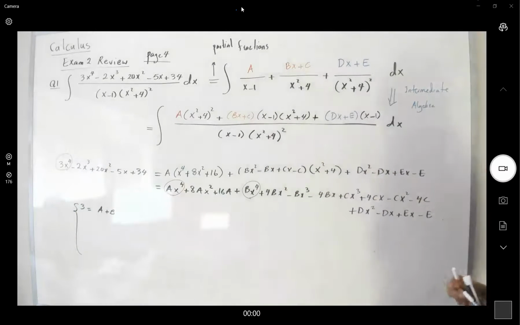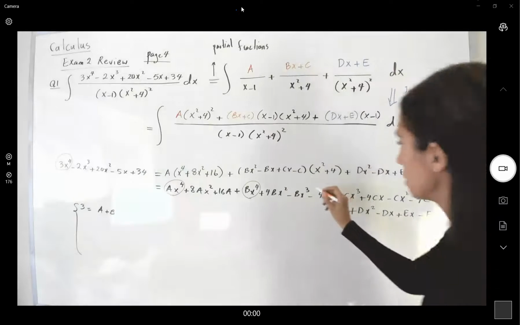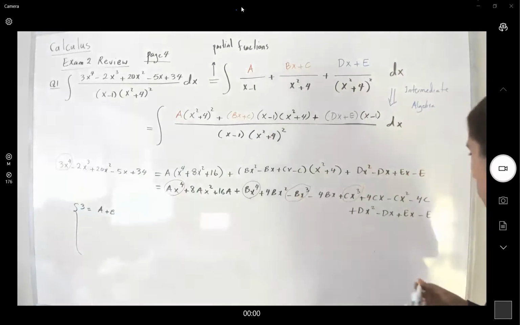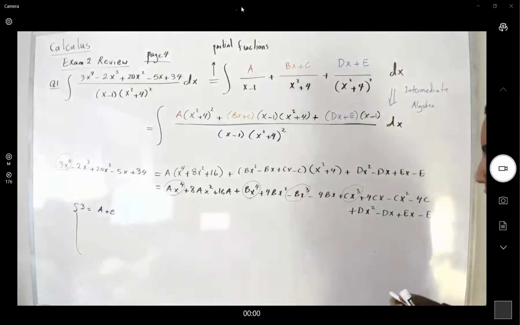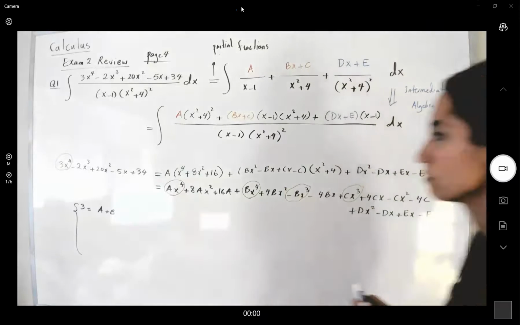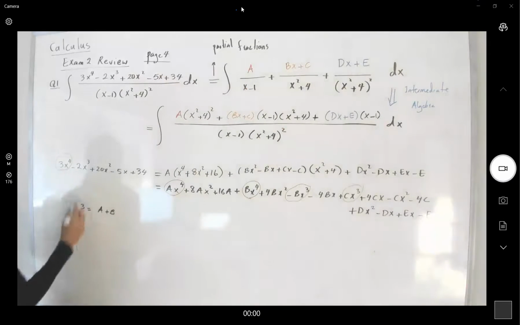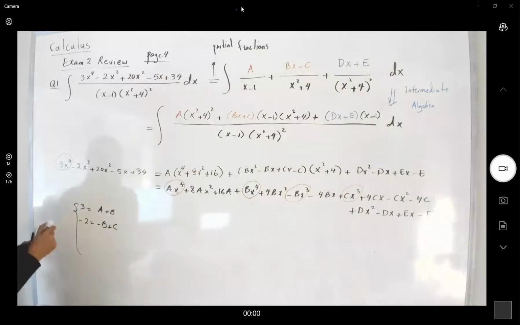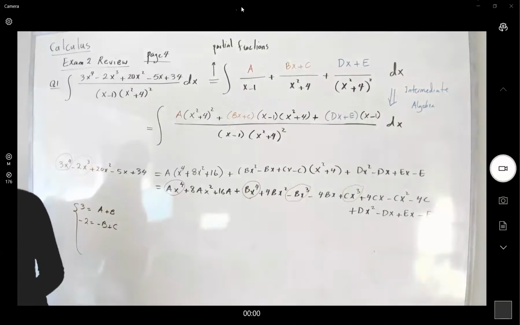Now let us deal with x to the third. Here you have 1x to the third, another x to the third. That's it. Okay. So -2 is equal to -B plus C.